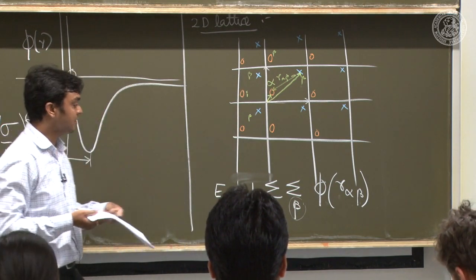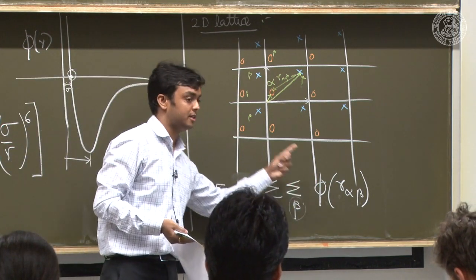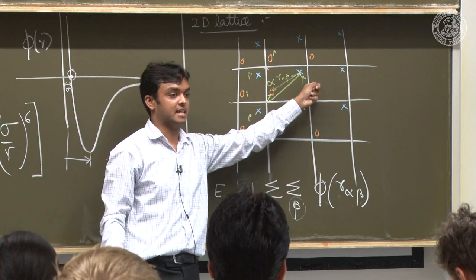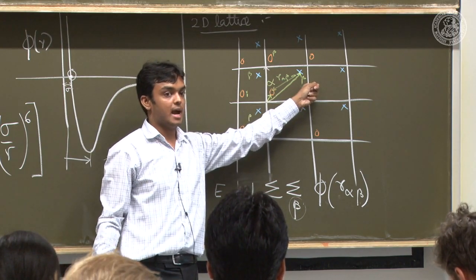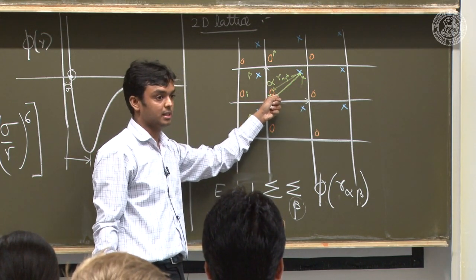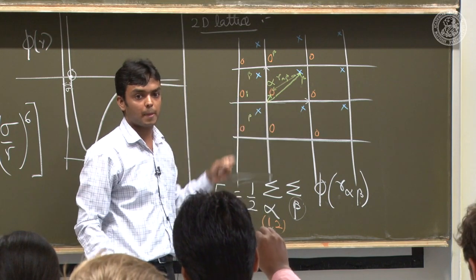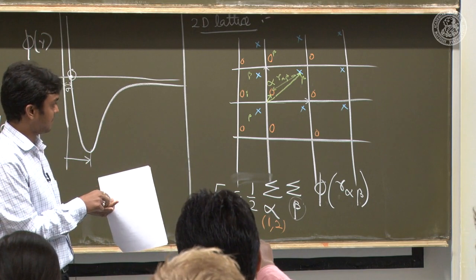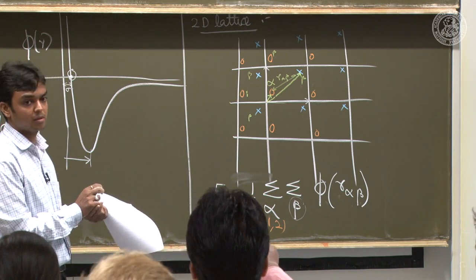This summation will run for the first basis atom, and it will again run for the second basis atom. When you run for this basis atom, for example, could you draw the neighbors of the red basis atom?